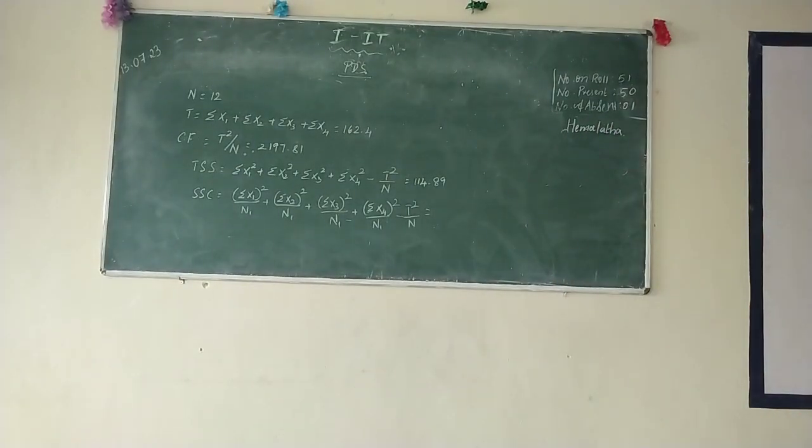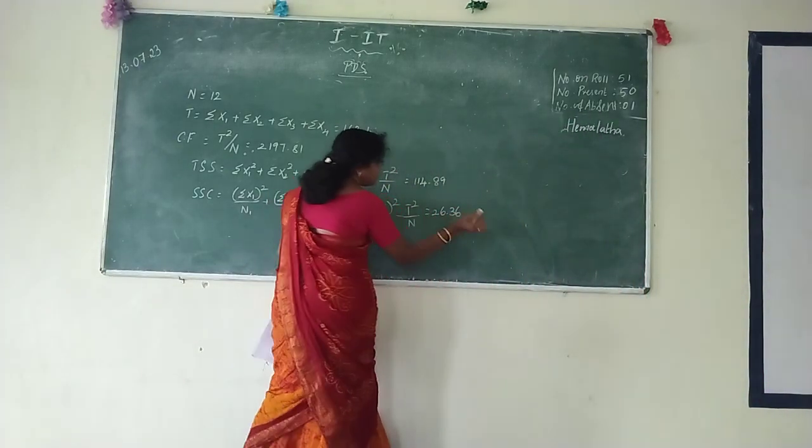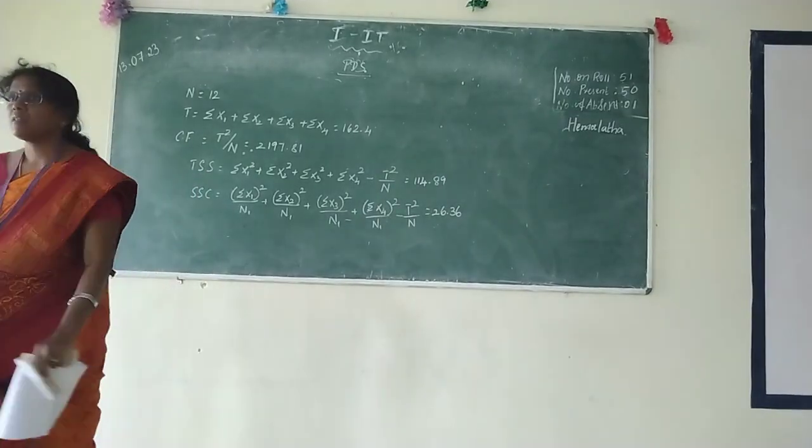Vertical line, how many values are there, columns number of times. Exactly 35 now. 26.36. SSC.